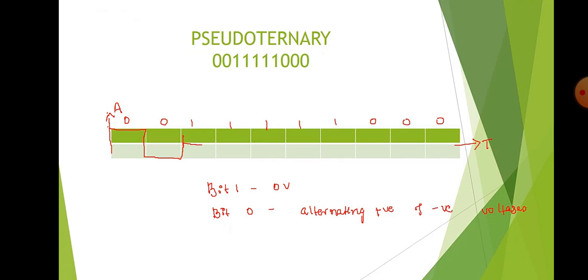Bit 1 is neutral 0, neutral 0, neutral 0. Till here it is 0. Next is bit 1, 0, alternate positive and negative.